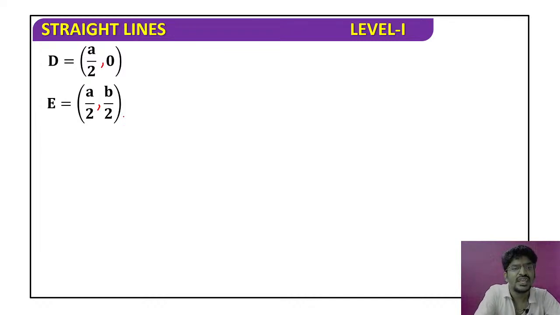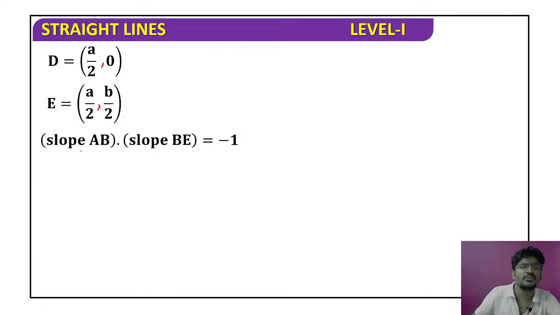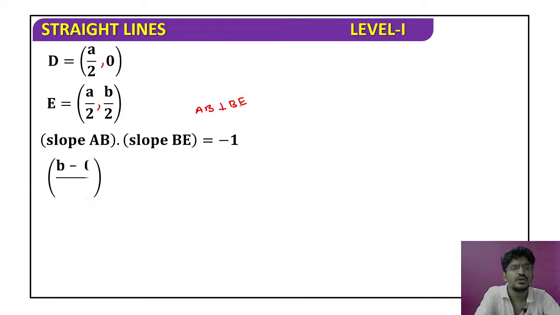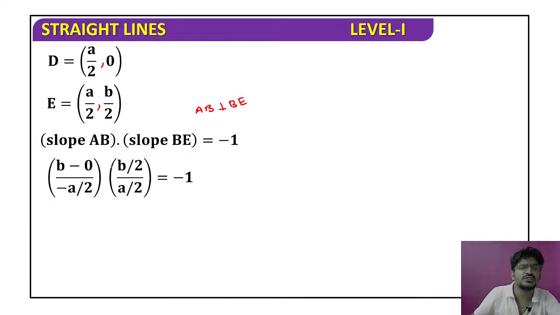Okay. Next you see, slope of AB into slope of BE equal to -1, because AB is perpendicular to BE. Therefore slope of AB into slope of BE is going to be equal to -1.